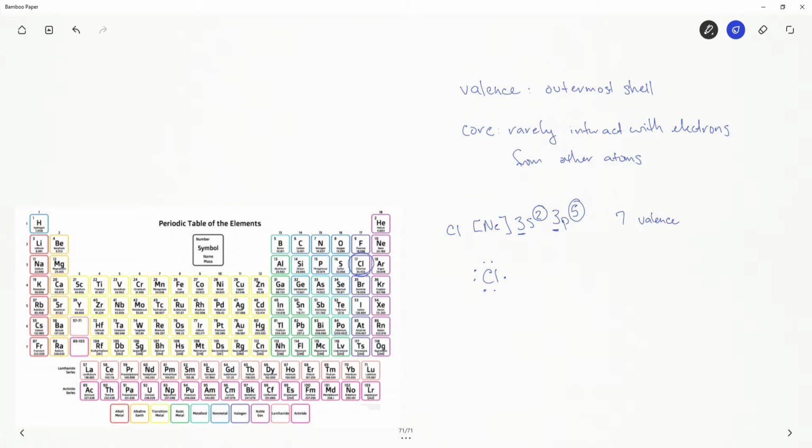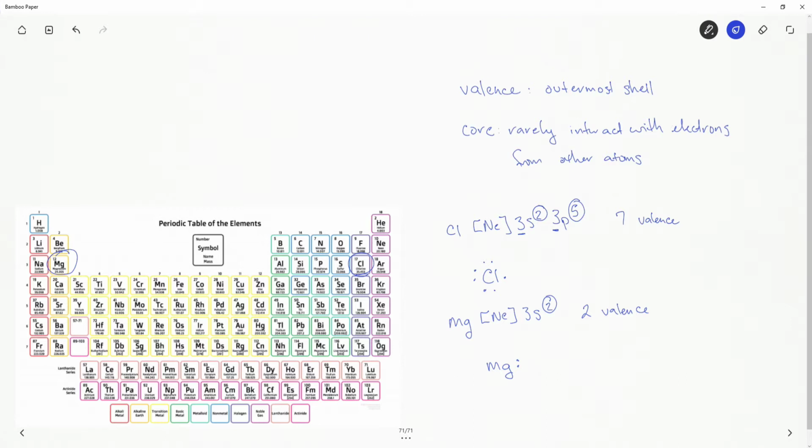Let's do another example. Let's do magnesium. Again, I will start with the electron configuration. I will use that to find my valence. Magnesium is pretty easy. I have 2 valence electrons. So for my Lewis structure, it will simply be Mg with 2 valence electrons.